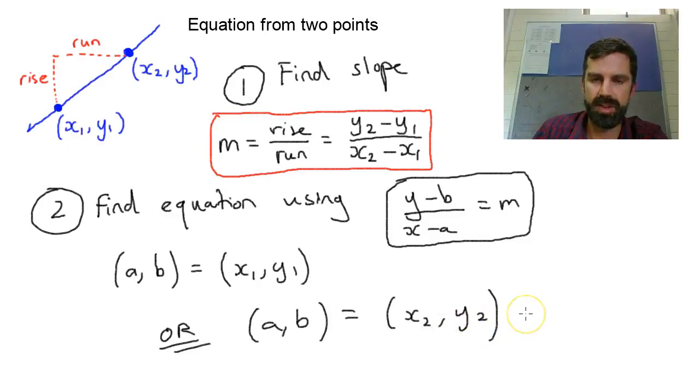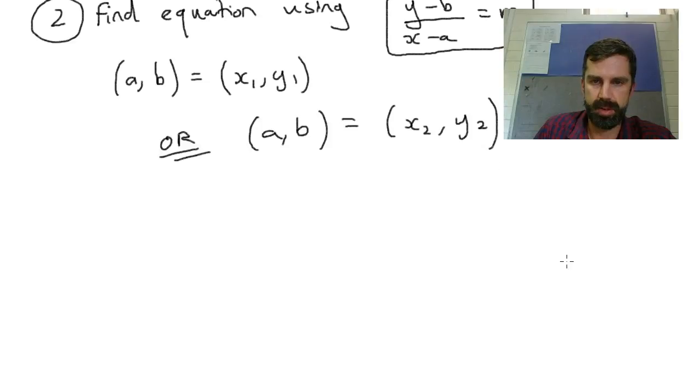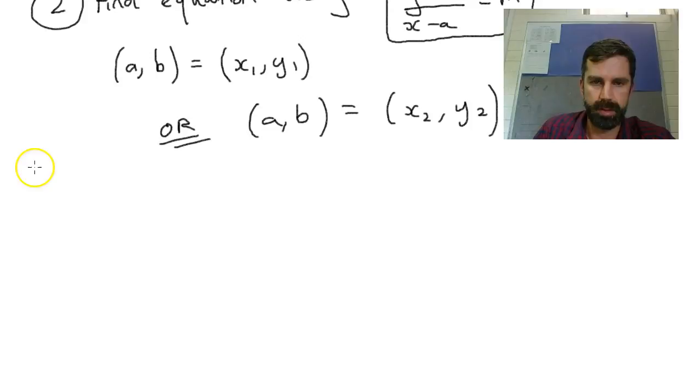You'll get the same result either way. So don't stress about which point to use. If one of them's got a 0 in it, it might be worth using because then it sort of cancels out and it's a little bit easier to do the maths, but it really doesn't matter. Choose either point. If it really stresses you out, just use the first one. Okay?